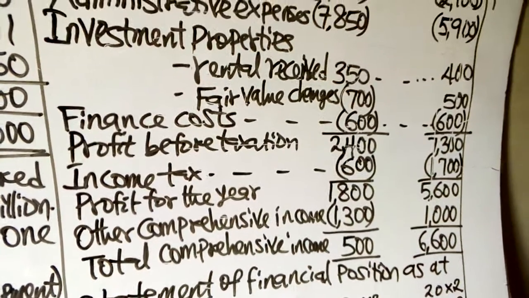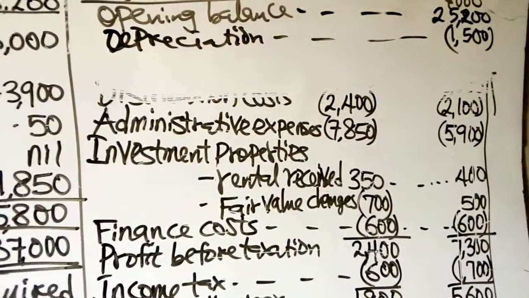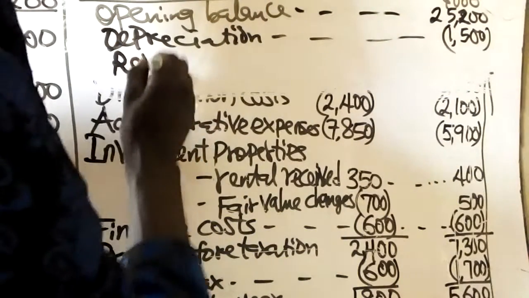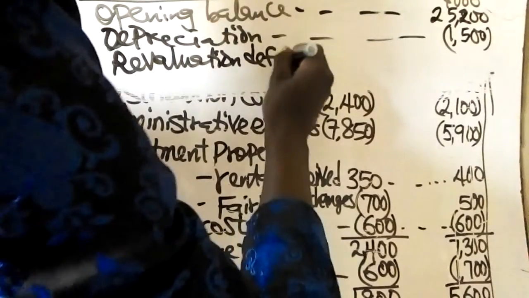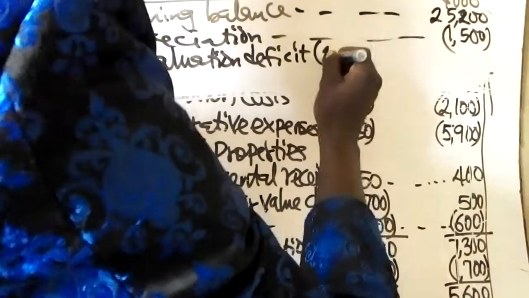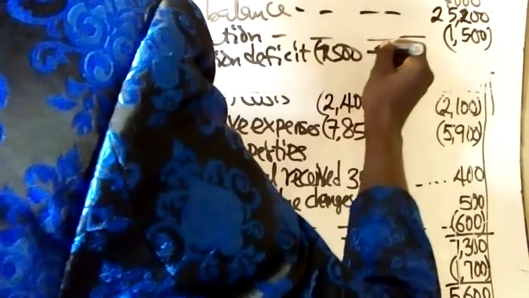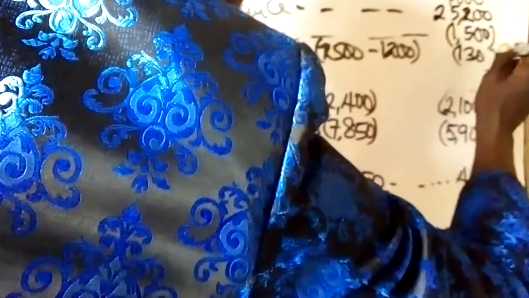So you are going to subtract the revaluation deficit, which is the difference between the 2.5 million and 1.2 million, so the difference is 1.3 million. I told you that revaluation deficit will make the PPE reduce.